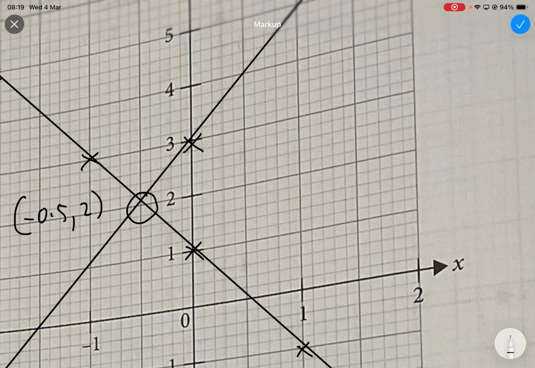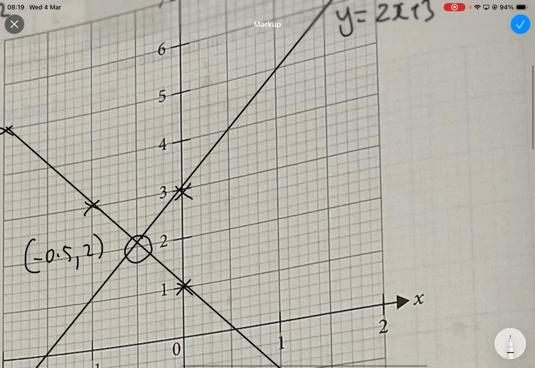So I started at 3. If I move up 2 steps, my y will be here, which is why it passes through this point. Because the gradient is 2. X moves 1 step, from 0, the x was 0 here, then it comes here, x becomes 1. The y was 3 here, then when it comes here, the y is 5. So it moves up 2 steps because the gradient is 2.